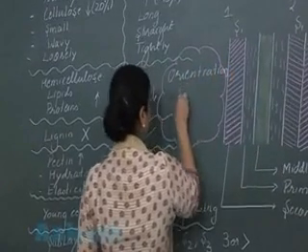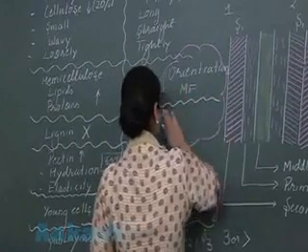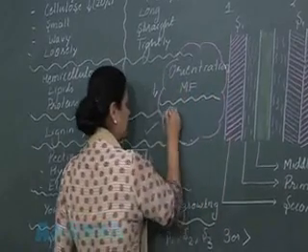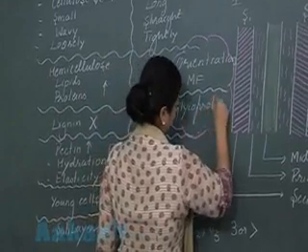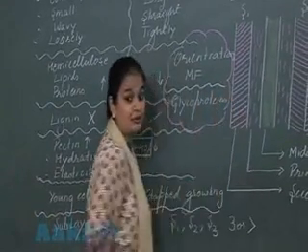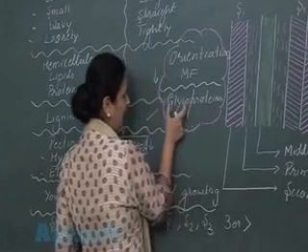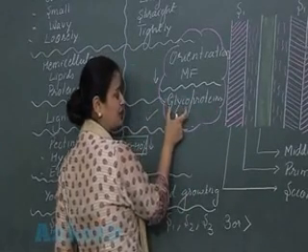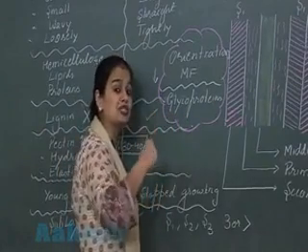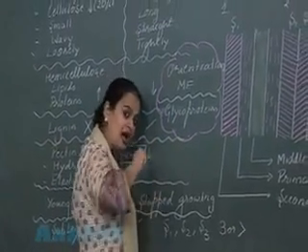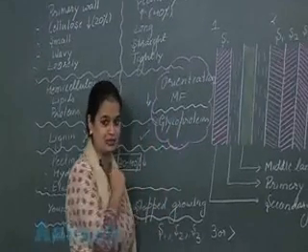For microfibrils, I am writing MF, and this orientation, it is decided by the glycoproteins. So what are the glycoproteins? Proteins which are having the joining of the oligosaccharide. प्रोटीन्स जिसके साथ शुगर चेन अटैच्ड है, कार्बोहाइड्रेट अटैच्ड है, इसको हम कहेंगे ग्लाइकोप्रोटीन्स.